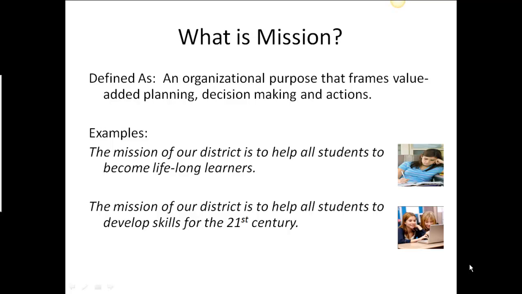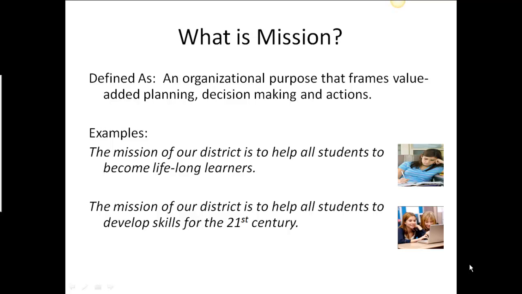So there are a lot of things that you can do throughout the day as the instructional leader in your building. But if you begin to ask yourself, if I spend my time observing a classroom, or planning the professional development session for my school, or dealing with a parent who's upset about a teacher in my building, when I engage in those activities, I'm making decisions and taking actions.